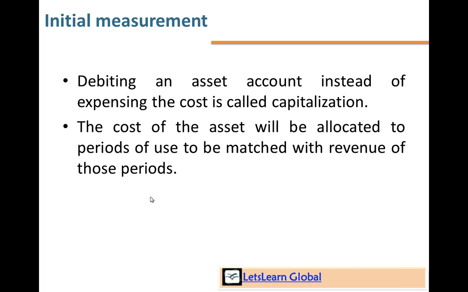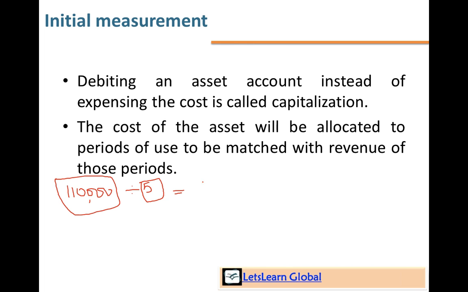And the cost of the asset will be allocated, like in my example, 110,000. 110,000 was the asset value, capex, and we evaluated that this will give you a life or service of 5 years. So how many years can we generate revenues using this asset? 5 years.